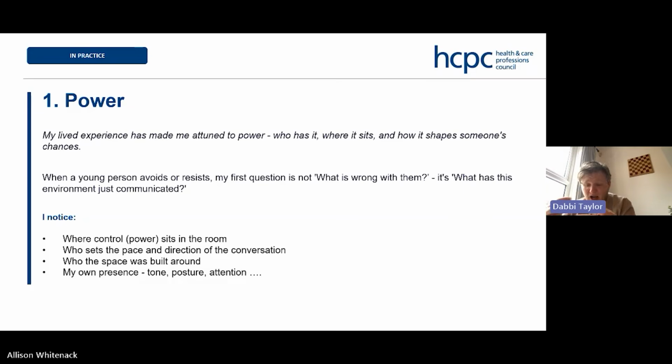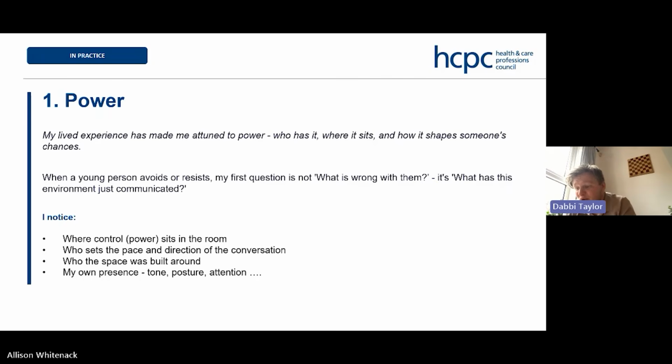And how can it impact, or how does it affect my own chances? So I work in CAMHS, where I work with young people that have learned, I think very often correctly, that adults with authority are not always safe.